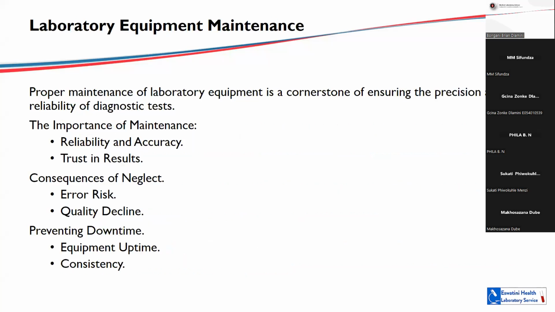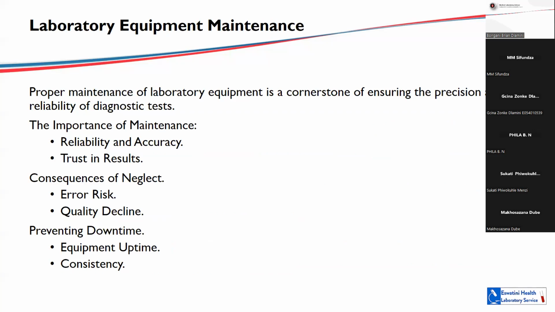Okay, as we are about to finish our course today, let's look into laboratory equipment maintenance. As we said, equipment is one of the quality essentials that we use in our analytical phase. Proper maintenance of our laboratory equipment is a cornerstone of ensuring the precision and reliability of diagnostic tests.